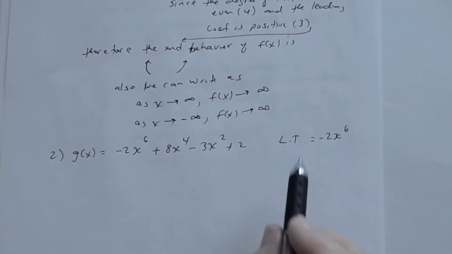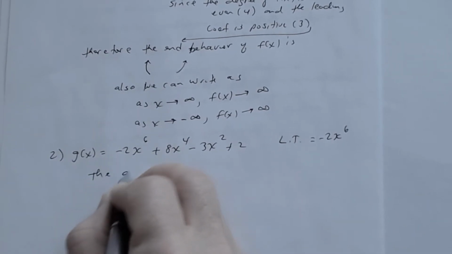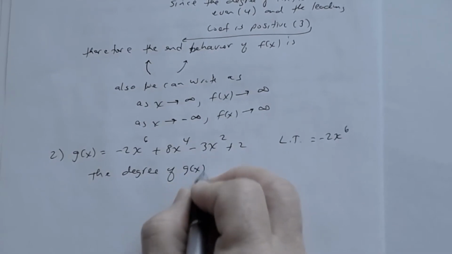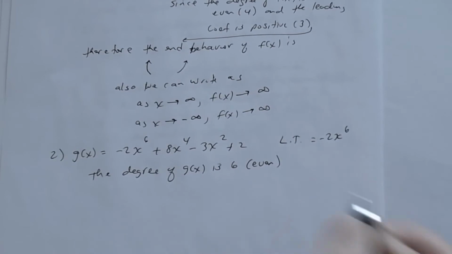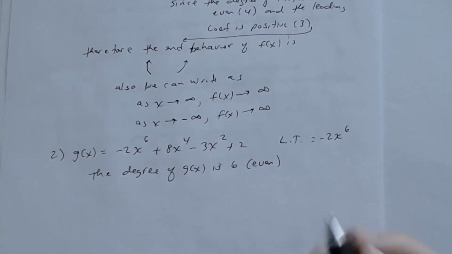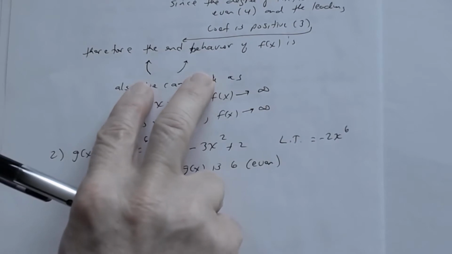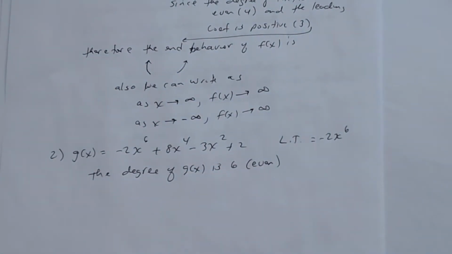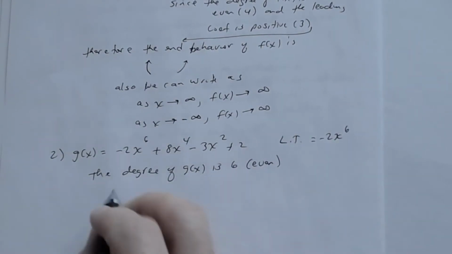That means that the degree of g of x is 6, which is even. Since the degree is even, either the ends are pointing up or they're pointing down. Now we have to look at the leading coefficient.